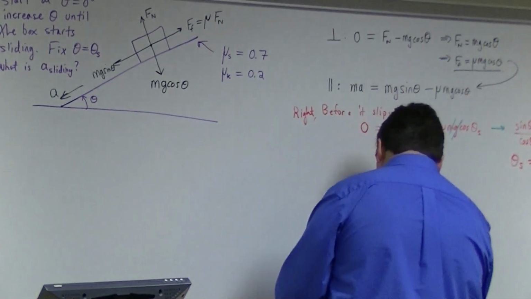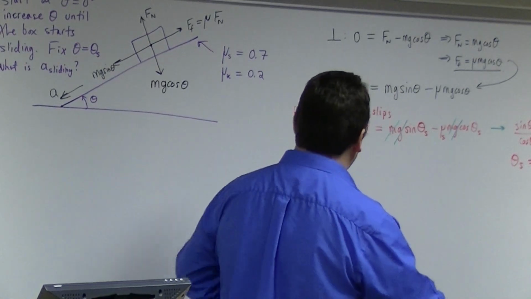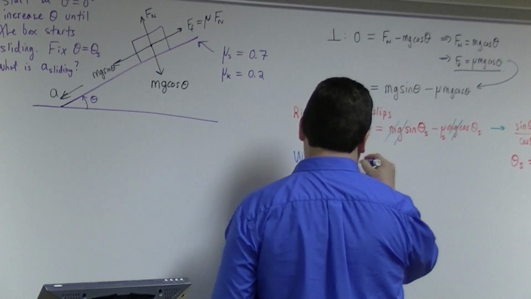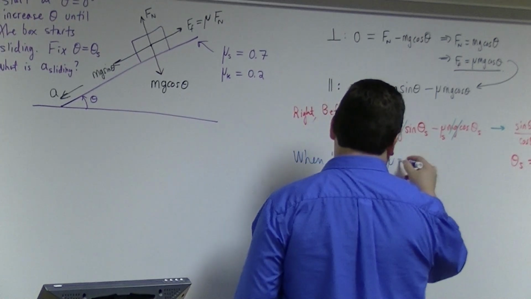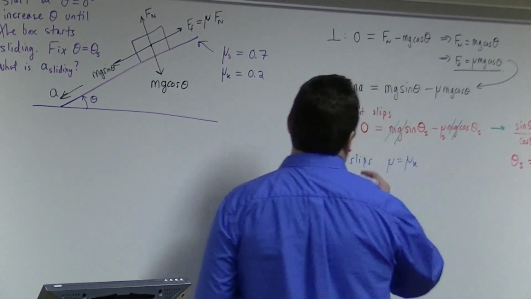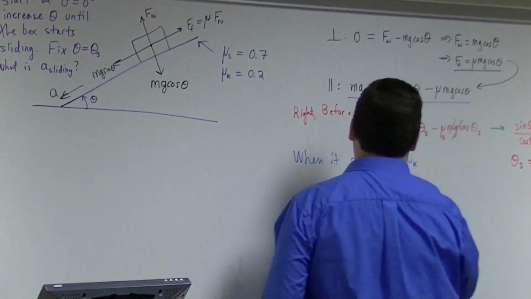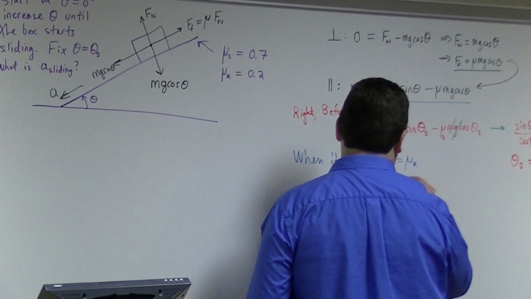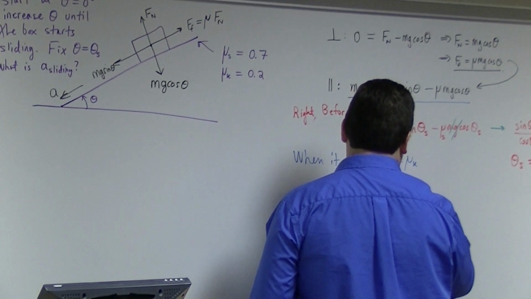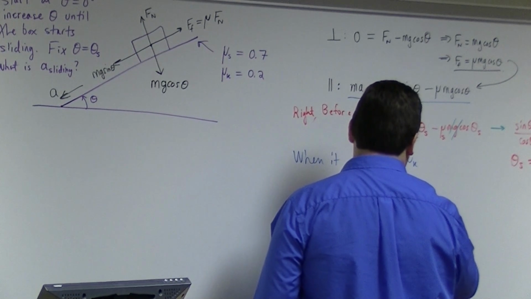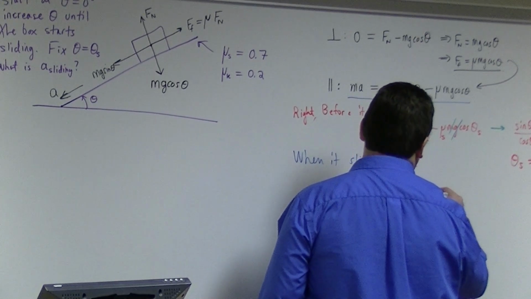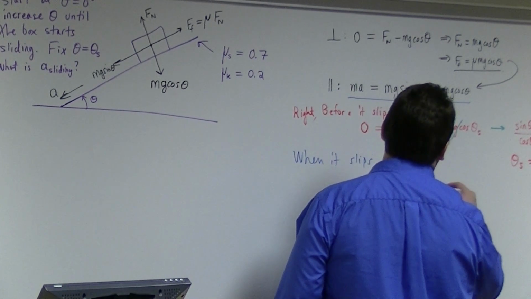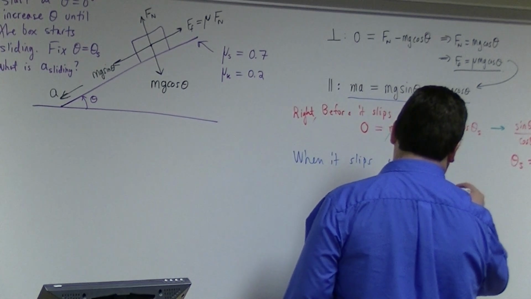And then what is the acceleration? So when it slips, mu is equal to mu k. And then we just go back up to this equation and solve for a. A is equal to g times, I'll factor the g out, sine of the slipping theta minus 0.2 cosine of the slipping theta.